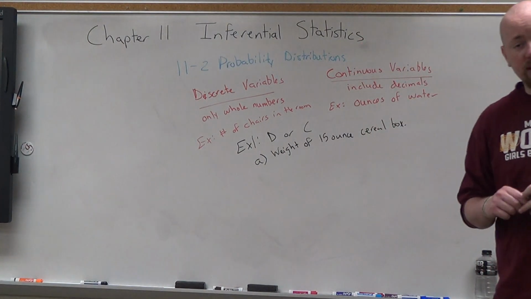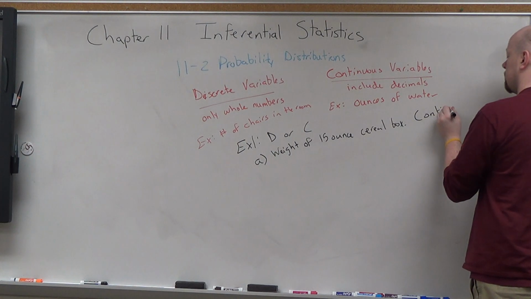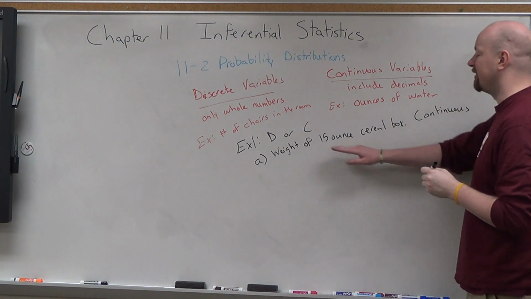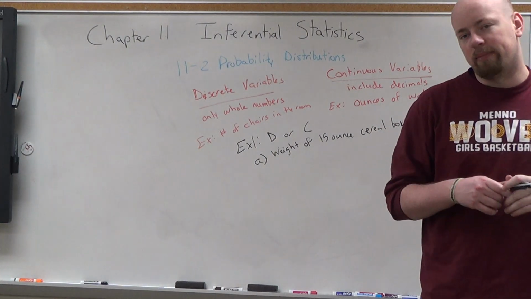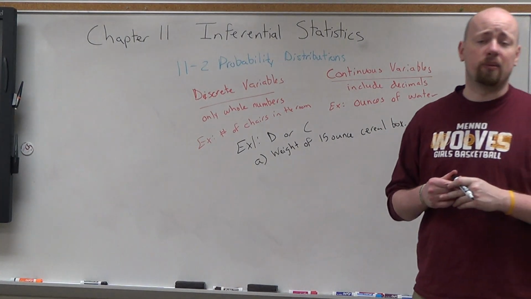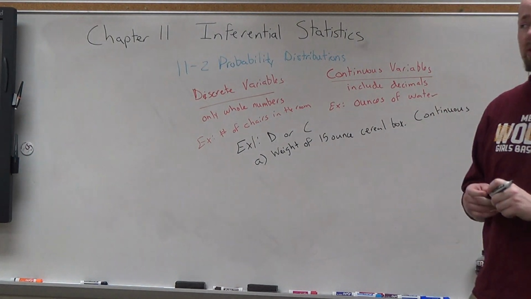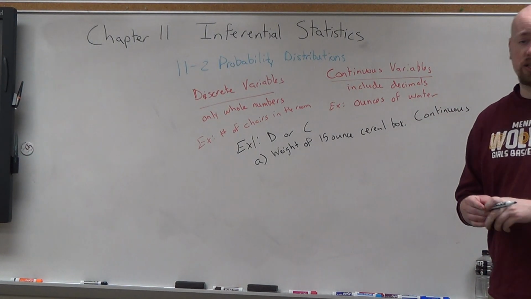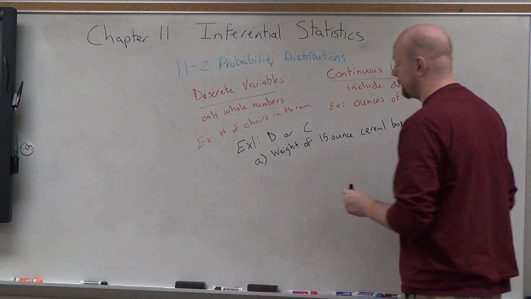This one would naturally be continuous. I'm going to trick you by saying a 15-ounce thing, but does it weigh exactly 15 ounces? It might not. It could, in theory, weigh 15.1, or let's say you just went to town on a Cinnamon Toast Crunch or whatever, and it weighs a little less. But it could include a decimal place, so we have to consider that continuous.